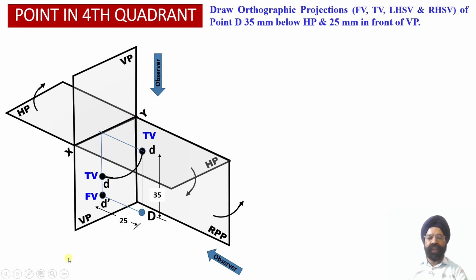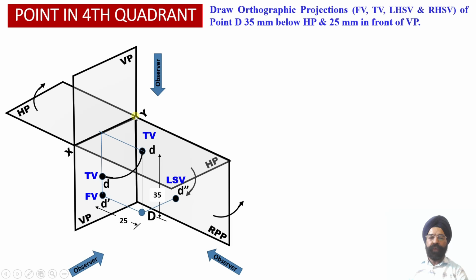Now when the observer is going to look at this point D from the left hand side view orientation, we observe that the left hand side view projection of this point D will be obtained onto the right profile plane, and once again this projection D double dash, that is the left hand side view projection of this particular point D, is available in the mutually perpendicular plane compared to the top view and the front view projections over here.